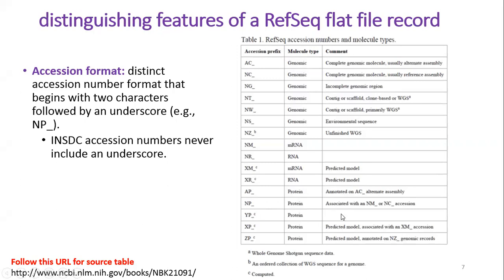It can also be associated with either an NM or NC accession number. In this way you can categorize the molecule type on the basis of accession prefixes. That is what I want to convey from this slide.